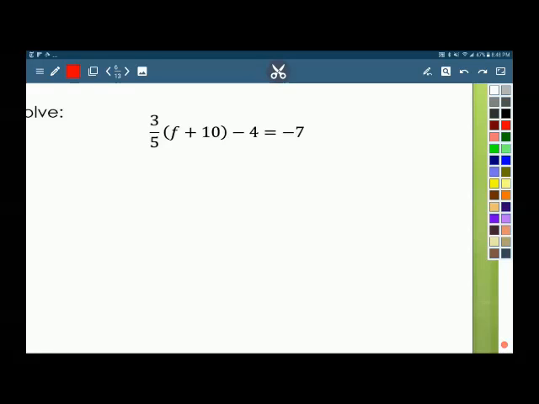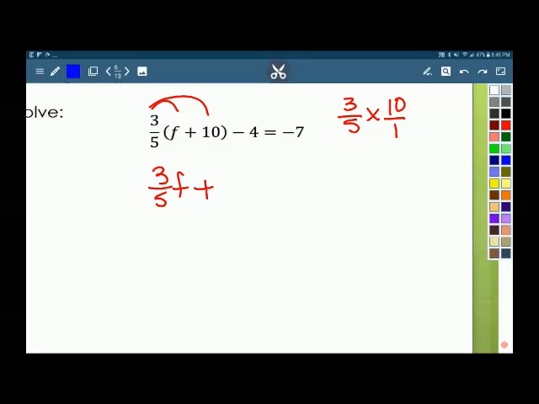So I'm going to get rid of those parentheses by multiplying that 3/5 into the two terms that are inside of the parentheses. You do not need to multiply the 3/5 times the 4. The 4 is not on the inside of the parentheses. So now I have 3/5 f plus, and I want to know what 3/5 times 10 is. 3/5 times 10, or 10 over 1.